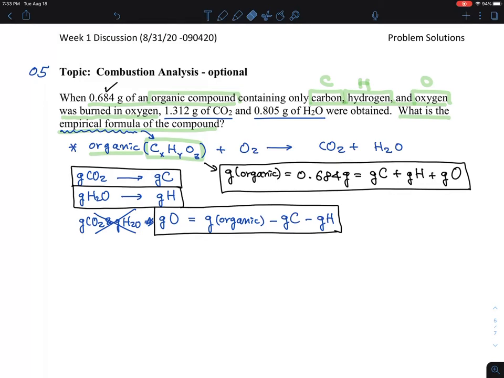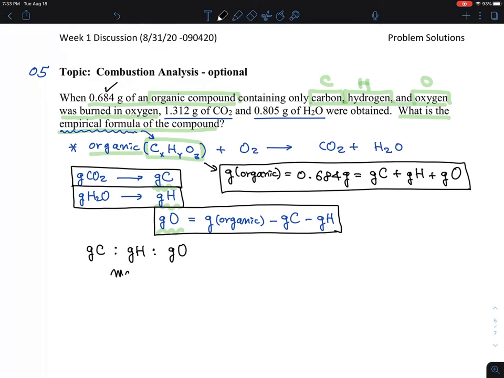So let's kind of tighten it up here. So those are the 3 key pieces of information, and then what you find out from here now, if I highlight it, you know this ratio, right? So you know the mass ratio. So for example, mass ratio, carbon ratio, hydrogen ratio, oxygen ratio, right?